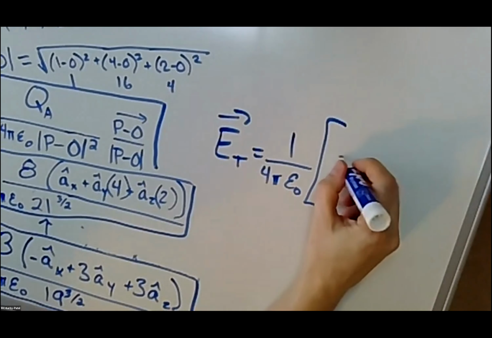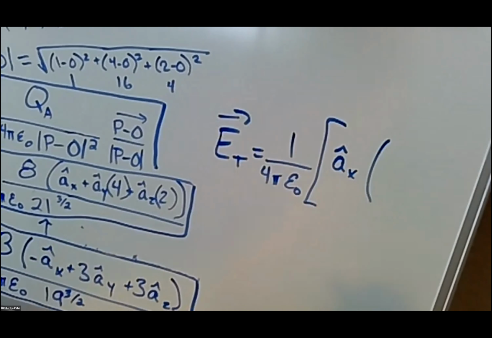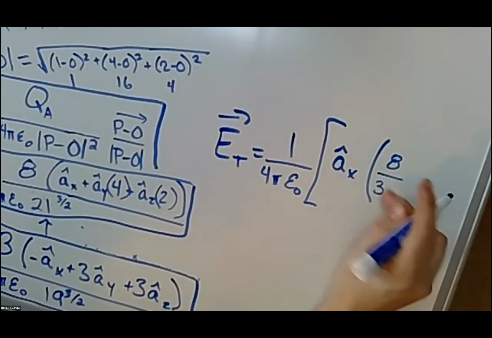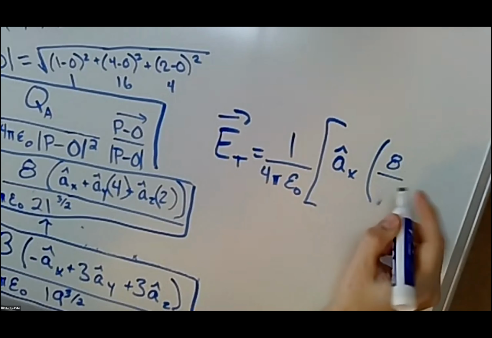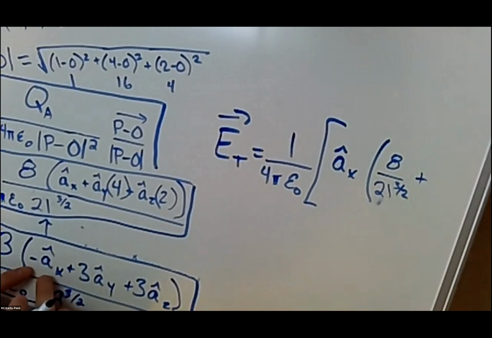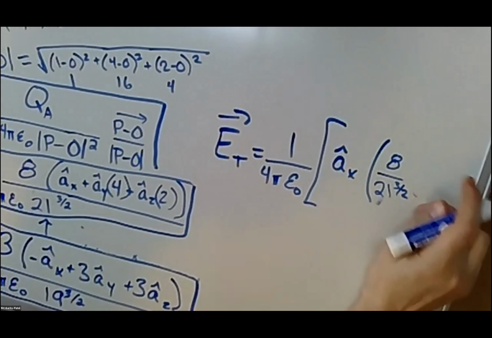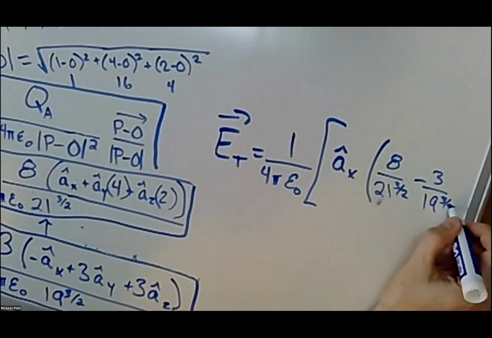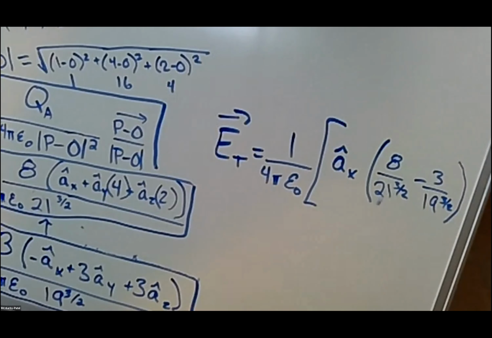First, we'll do the x component, a hat x, times the contribution from EA, which is 8 times 1 divided by 21 to the 3 halves. So 8 over 21 to the 3 halves, plus on the bottom here, we have 3 times minus 1 divided by 19 to the 3 halves. So let's turn this plus to a minus, minus 3 over 19 to the 3 halves. It's not a beautiful number, but that is what we get.